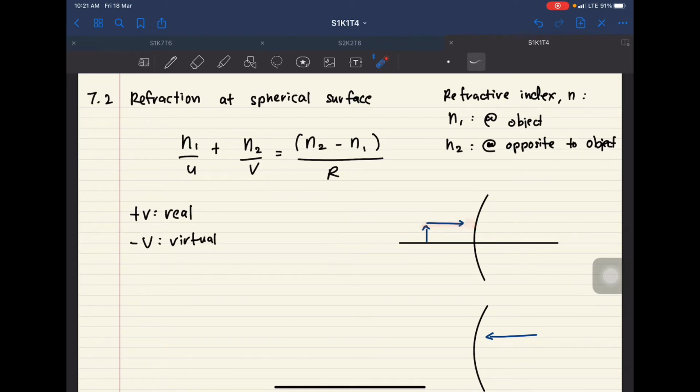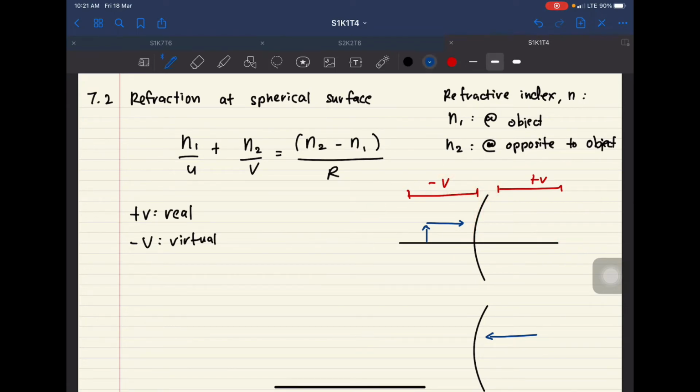Okay, so supposedly the lights will pass through and the image supposed to be formed over here. So this region is when you have a positive V. Okay, and this region is when you have a negative V. So when it says virtual, this is the virtual part. When it says real, this is the real part.